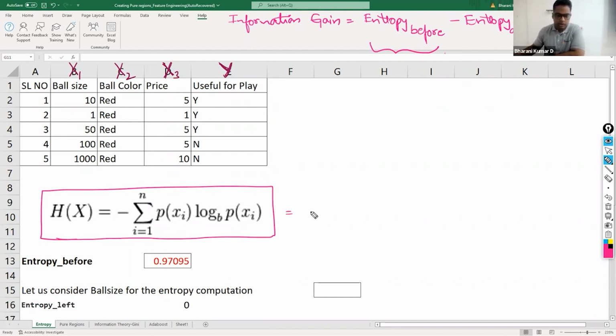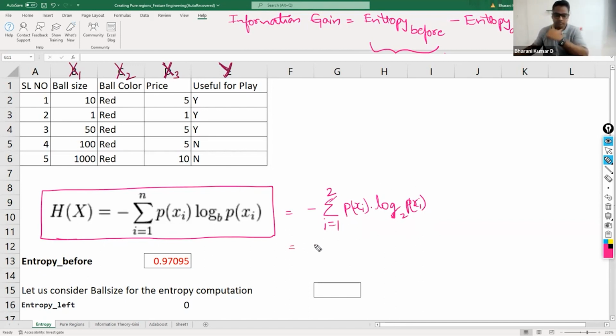Since you have two classes, I can write this formula as minus summation of i equal to 1 until 2 probability of xi into log of probability of xi. Usually we give base 2. Base 2, base 10, natural log, base e, you can explore that. It's all very trivial stuff. Okay.